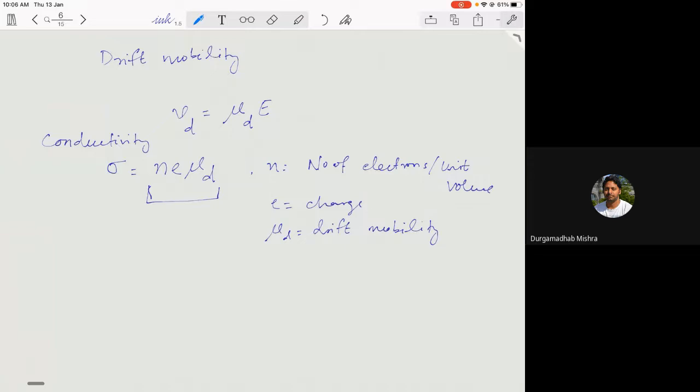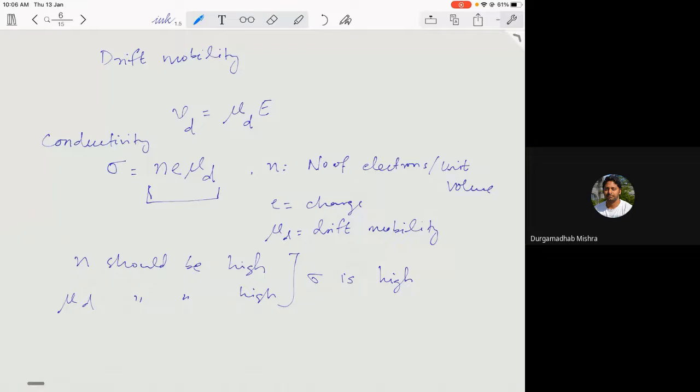For any material, if you want the conductivity to be high, you need both n and mu d to be high. Then only your sigma will be high. Otherwise, it may happen that the mobility of the charge carrier is high, but the number of charge carriers, n, is small, and in that case your conductivity will not be that high.